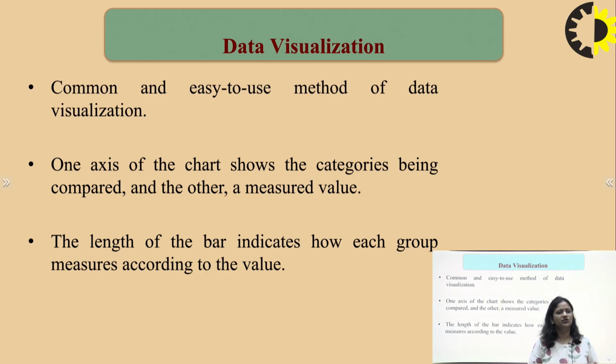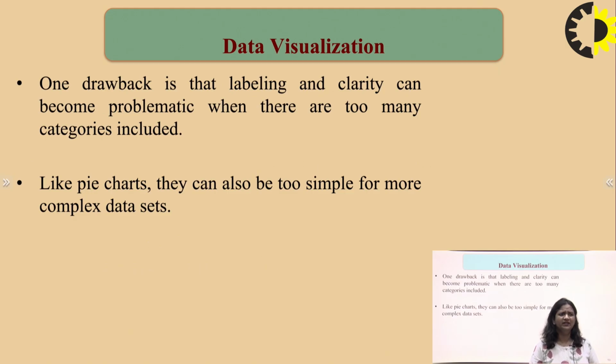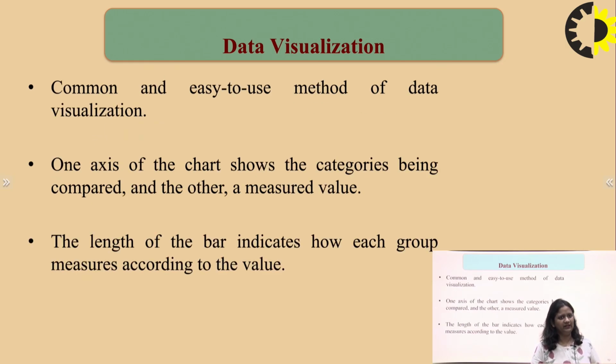One axis of the chart shows the categories being compared, the horizontal axis, and the other measures the value. The length of the bar indicates how each group measures according to the value. One drawback is that labeling and clarity can become problematic when too many categories are included.